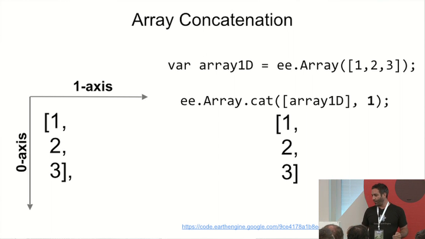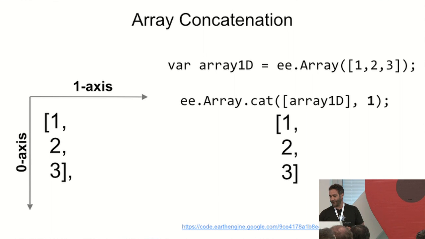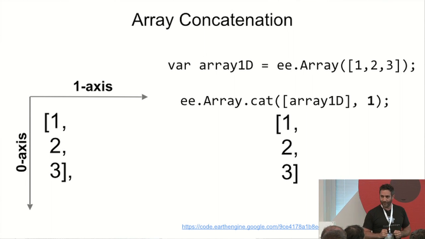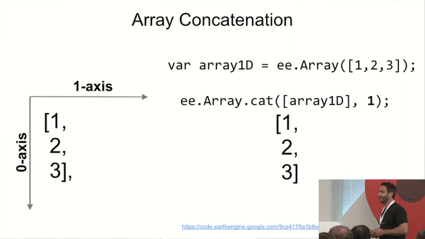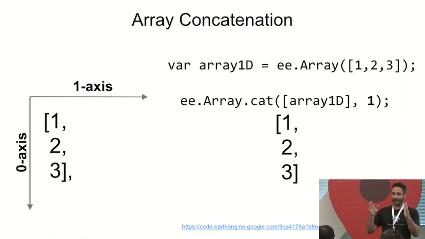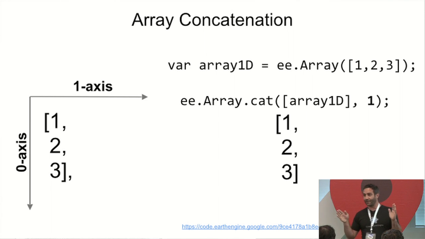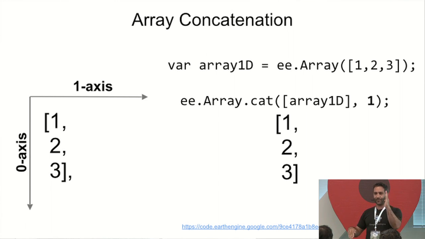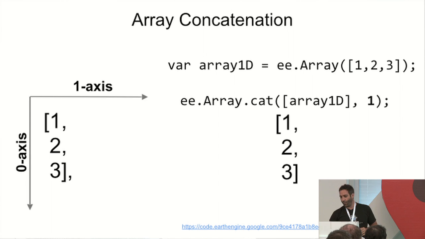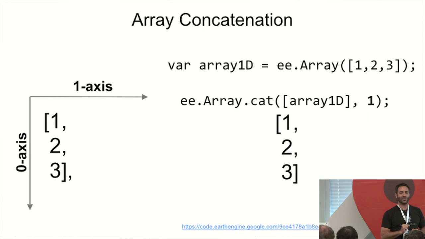And the way that you can do that is you can essentially concatenate it with itself along the 1 axis. So you're saying, I've got this list of things. I want to concatenate it. There's just one thing in the list, so there's only one thing you're concatenating. Imagine you take a space, here's your 0 axis, here's your 1 axis, and you just slap the vector in there. And that's what this cat command is doing. And this 1 is telling you which axis to use for that concatenation.